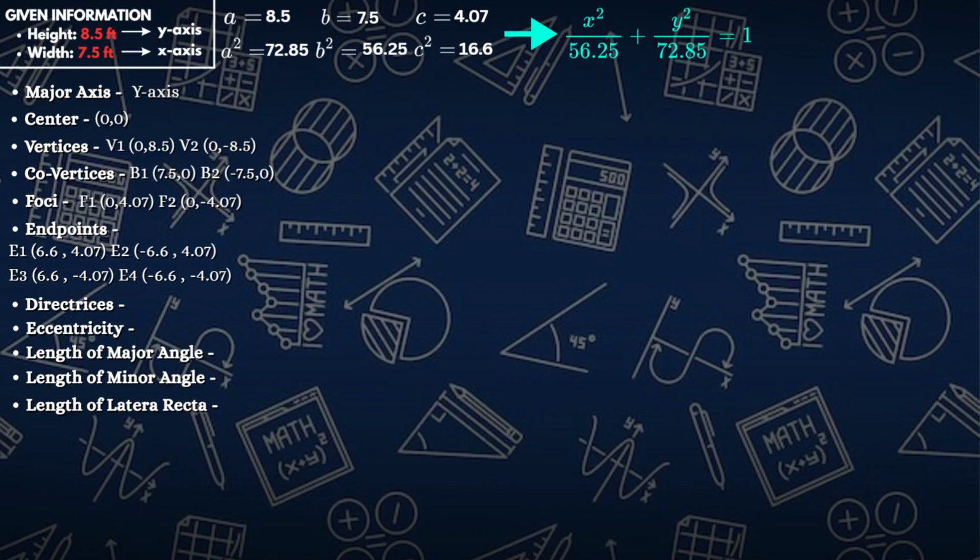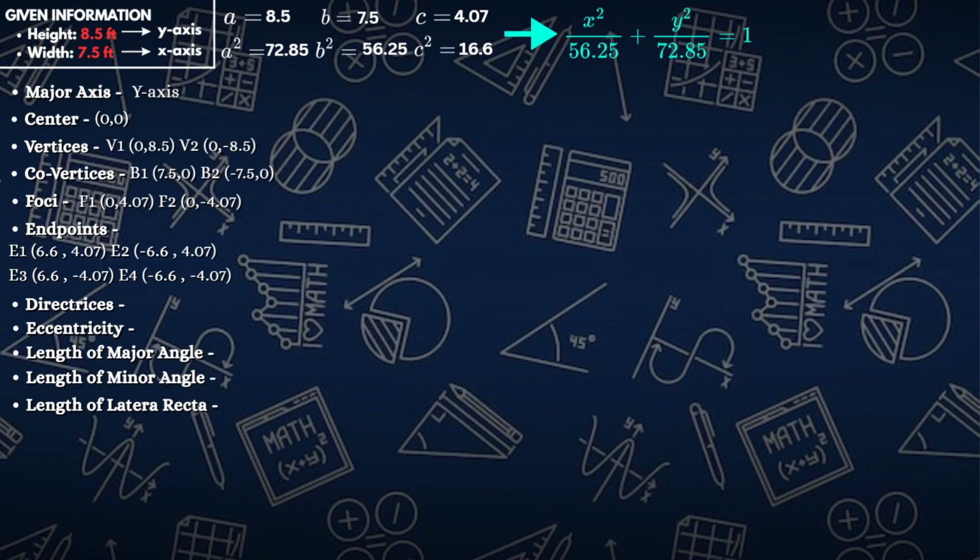So let's check. For our endpoint 2, we have to use the formula of h minus b squared over a and k plus c. For endpoint 1, we used h plus b squared over a, but this time we're going to use h minus b squared over a.